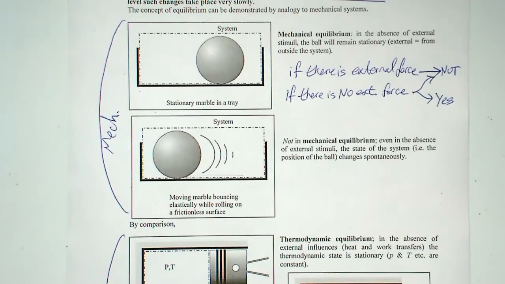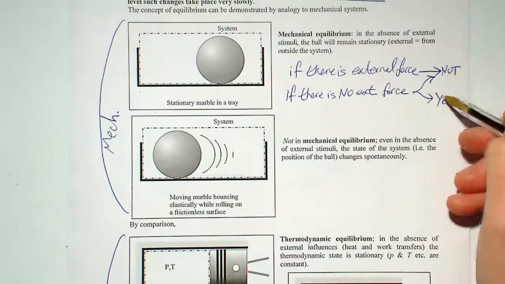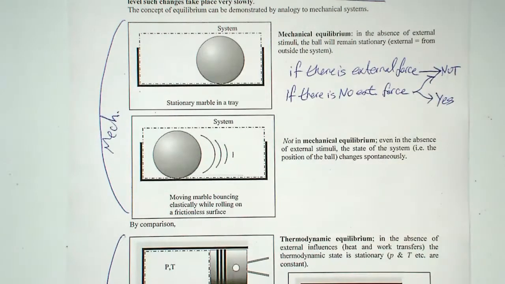Even though you do not have any external force or stimulation, because of the mechanical properties or boundary conditions in this problem, you do not have equilibrium. That's why I gave you these two scenarios. In the absence of external forces, you could have both scenarios depending on the situation.